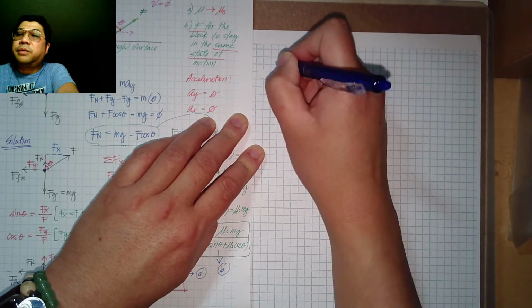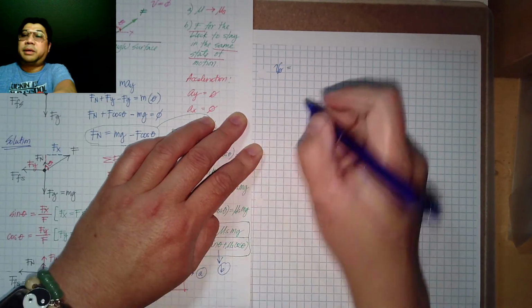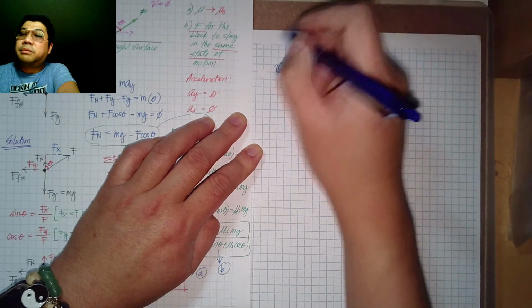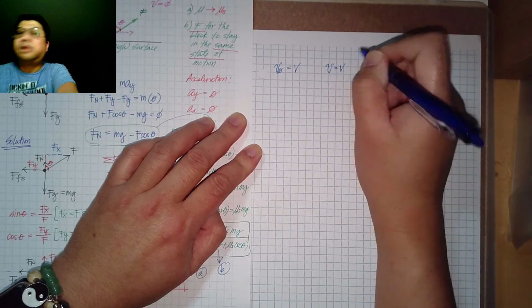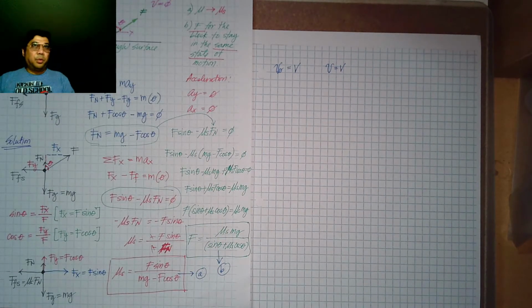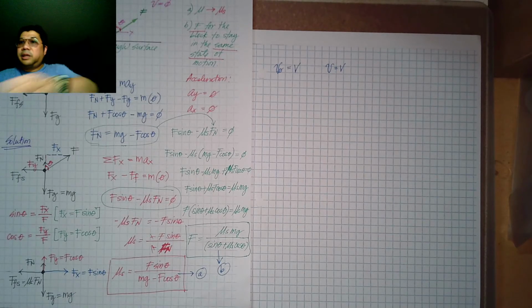This is this exact solution if the initial velocity v naught, let's say it's moving, and the final velocity is also v. So it means you have the same velocity.